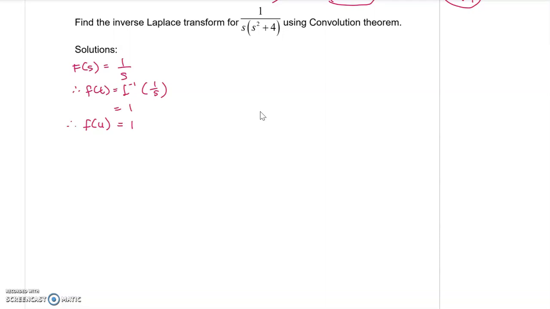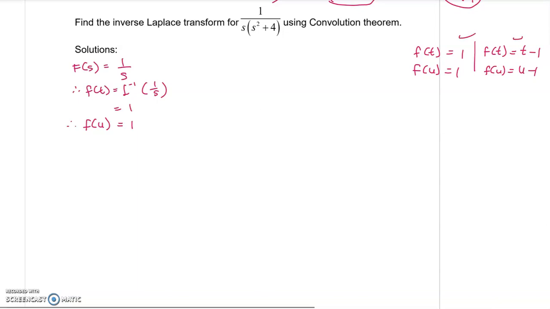So if f(t) equals 1, then f(u) is also 1. But if your f(t), for example, equals t minus 1, then f(u) would be u minus 1. Make sure you can understand this. So that is our f(u).